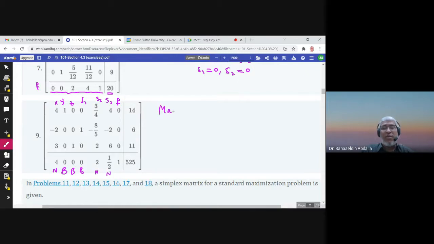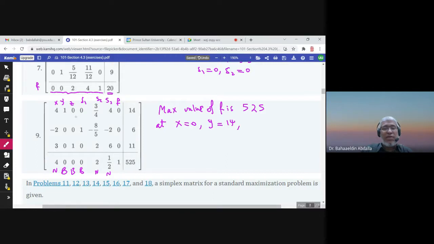So the maximum value of f is 525. X is non-basic, so it's equal to 0. Y is basic, and this is 1, so it's equal to 14.